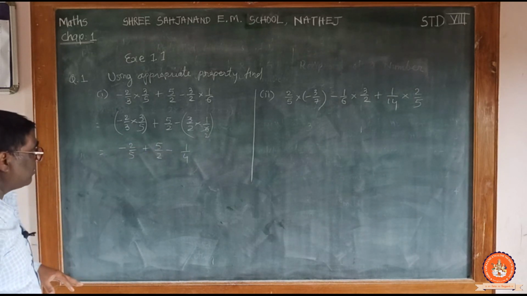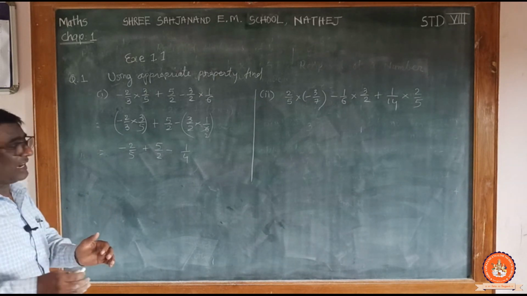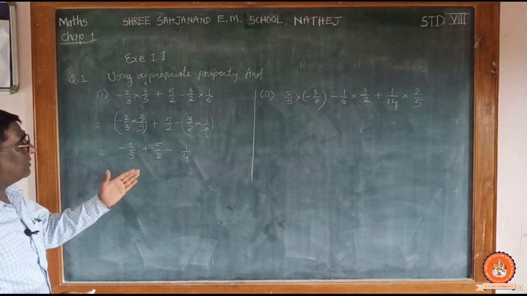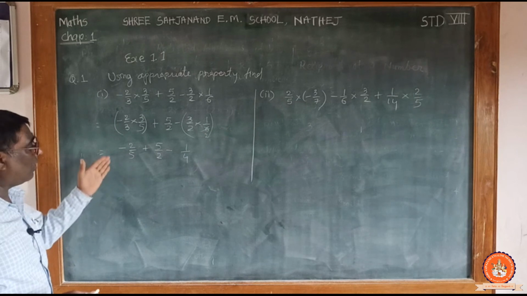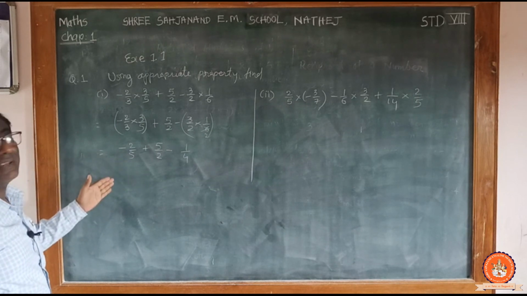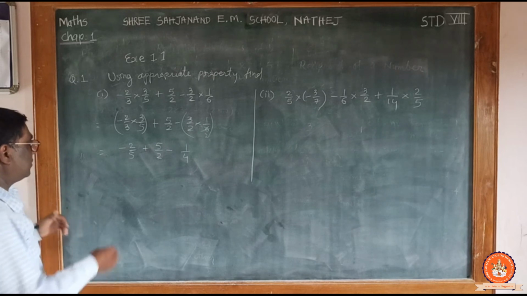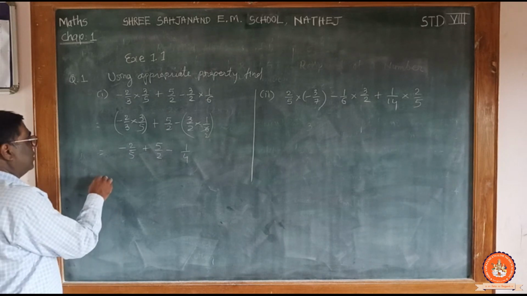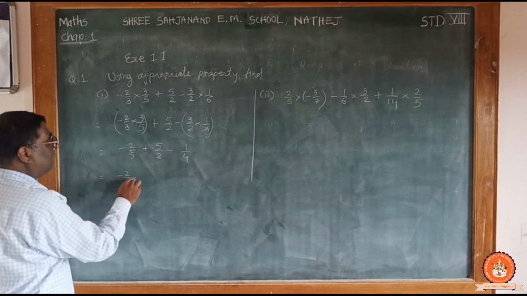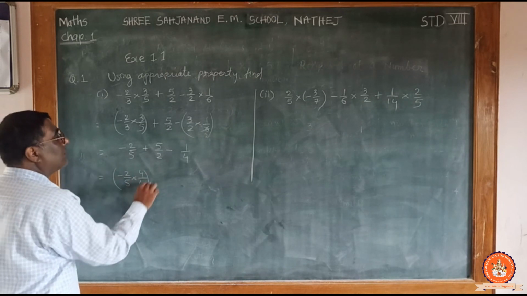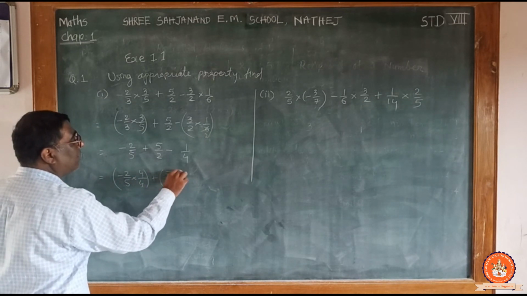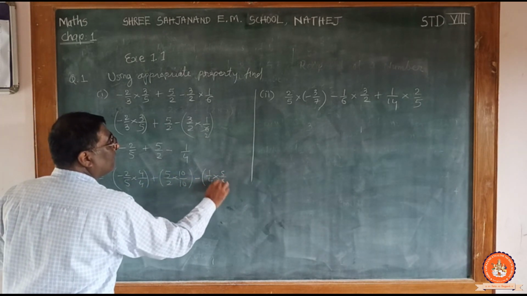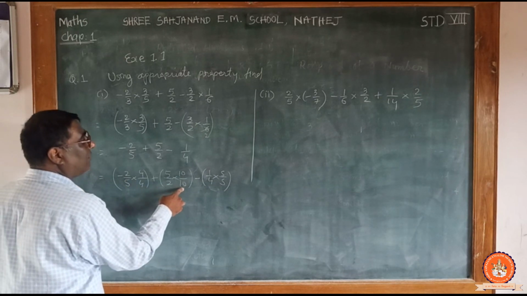So if addition and subtraction is there, we have to find the LCM of the denominators, convert all the fractions to a common denominator, and then we can add up and divide. So LCM of 5, 2 and 4 is 20. Okay, so minus 2 by 5 needs to be multiplied by 4, then 5 by 2 will be multiplied and divided by 10, minus 1 by 4 will be multiplied and divided by 5, because 5 4s are 20, 2 10s are 20, 4 5s are 20.